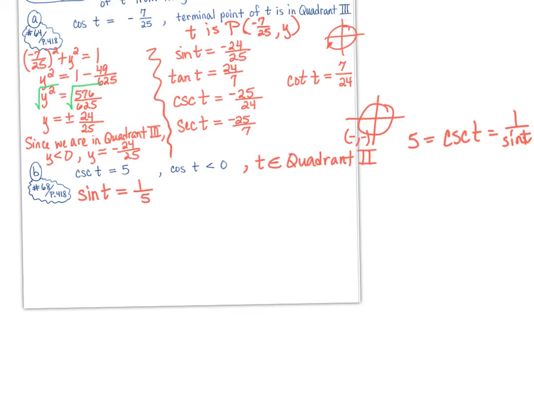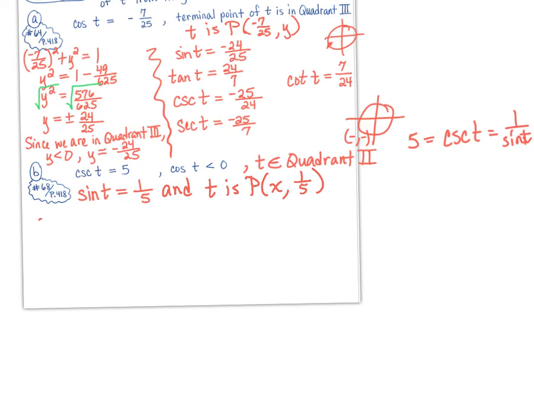Okay, so sine of t is 1/5, and you can say t is P of x comma 1/5. So we need to find x. To find x, we use our fundamental identity.